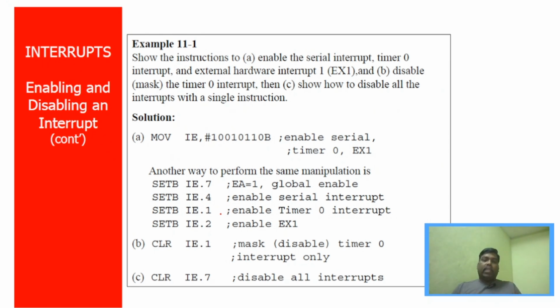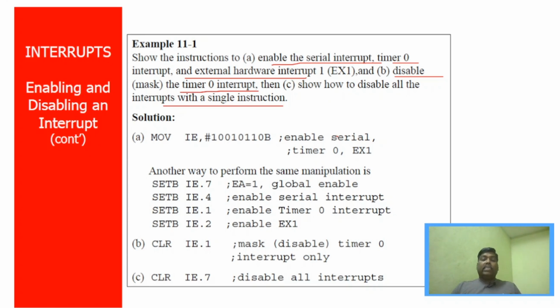You will see this particular problem where the question is: show the instruction to enable the serial interrupt, timer 0 and external interrupt 1. Then they have asked to disable the timer 0 interrupt, and show how to disable all the interrupts with a single instruction, right?